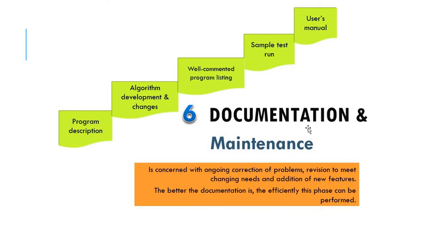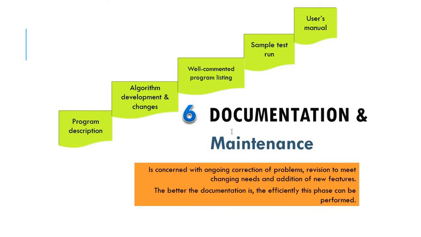Or in real world or in real application, it can be a user manual. Maybe if you develop a big or a complicated program, you need to provide a user manual so that your client or the user can use or can understand your program by reading the user manual.